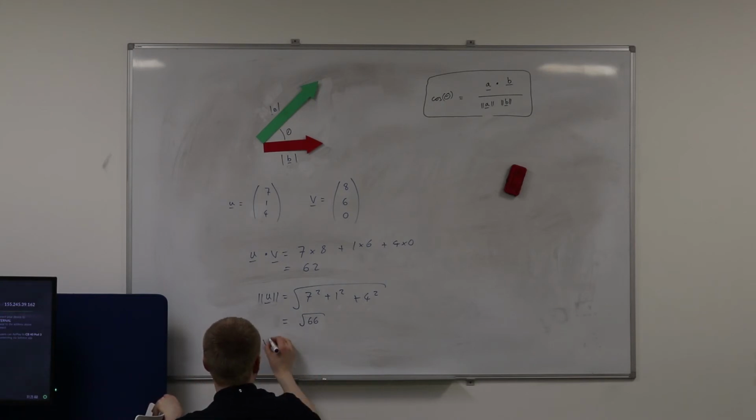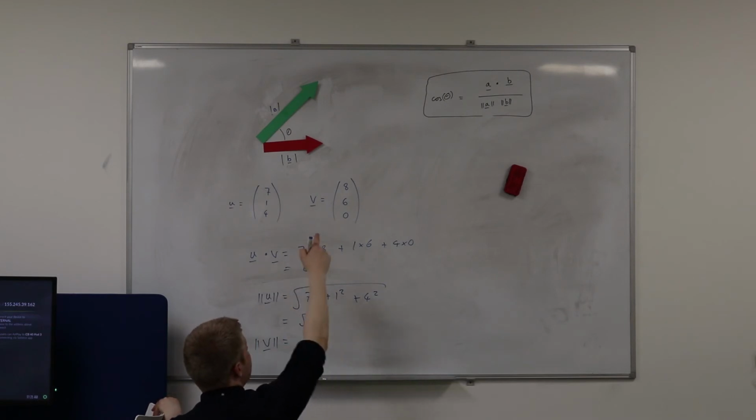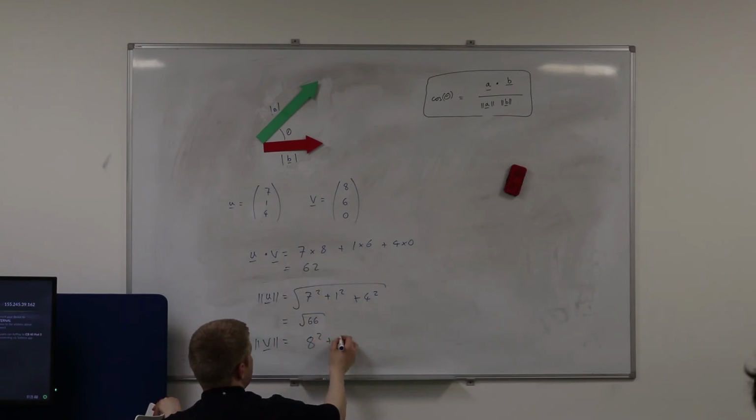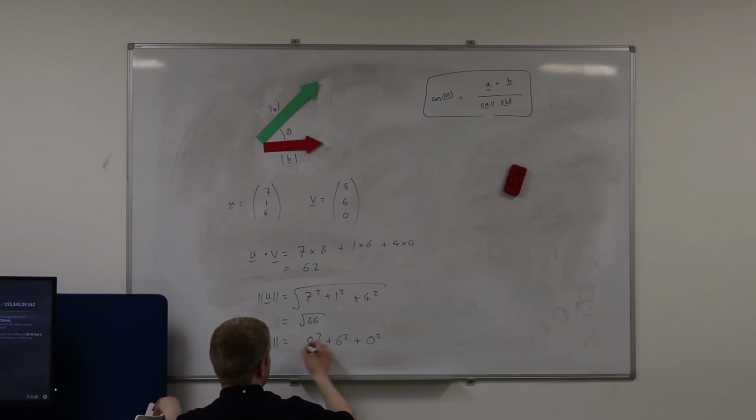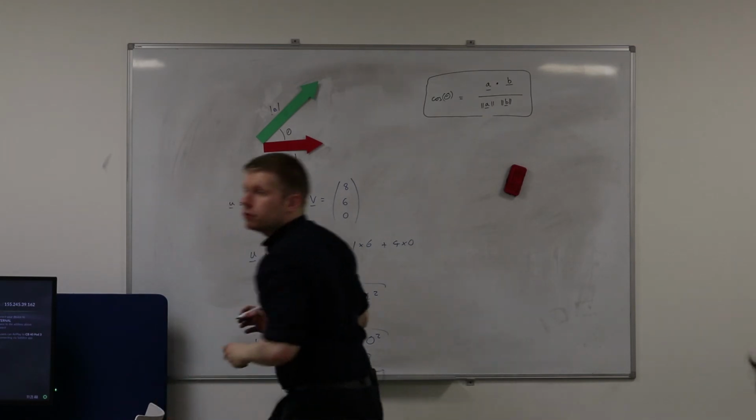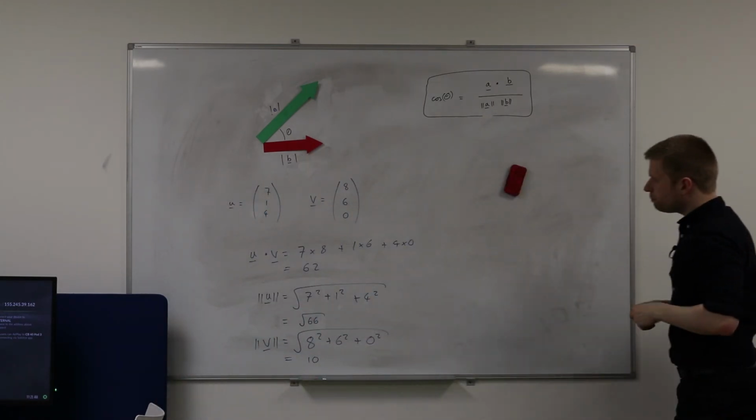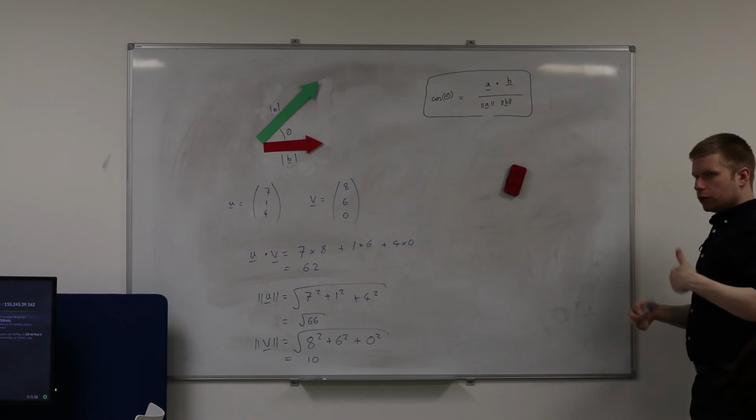Okay, good. And the length of v is equal to 8 squared plus 6 squared plus 0 squared square rooted, which is square root of 100 or just 10. Yeah? Okay, fine.